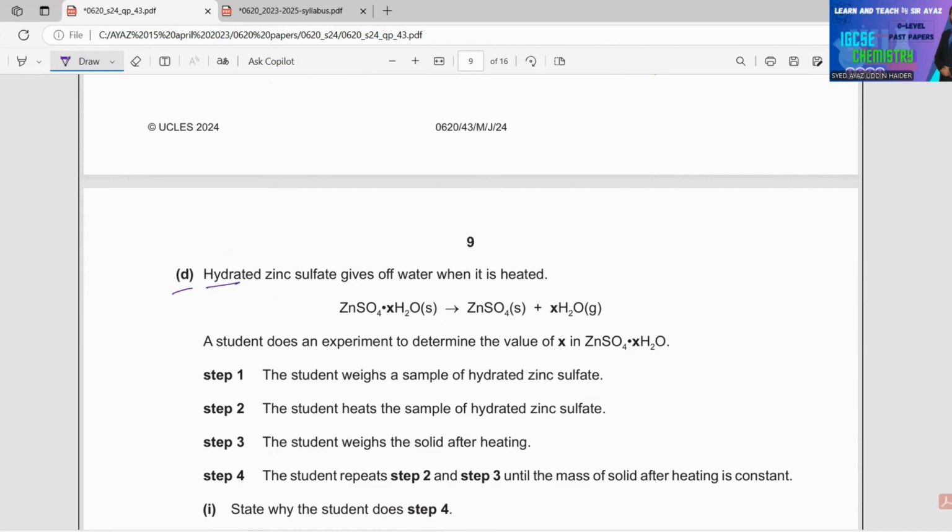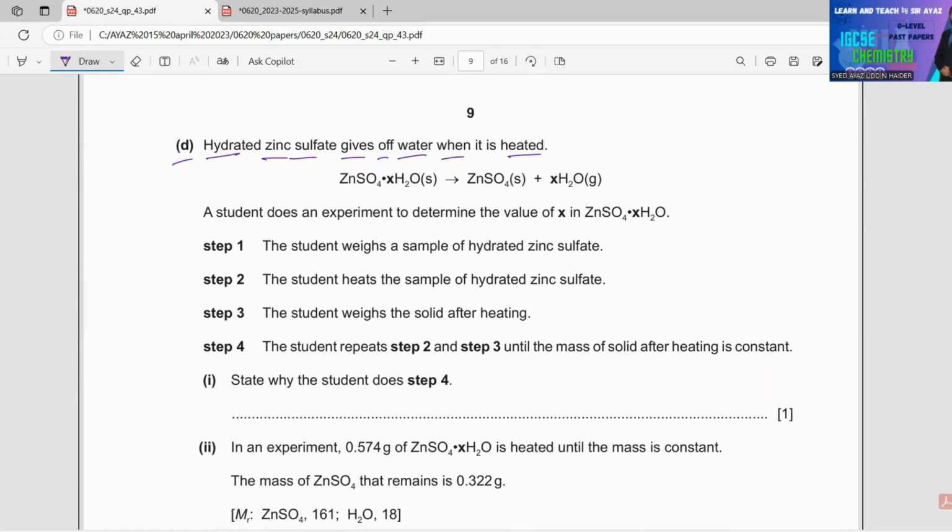Part D, hydrated zinc sulfate gives off water when it is heated. ZnSO4 dot xH2O(s) gives ZnSO4(s) plus xH2O(g). A student does an experiment to determine the value of x in ZnSO4 dot xH2O.